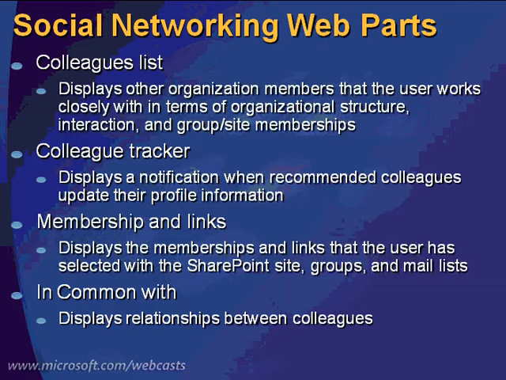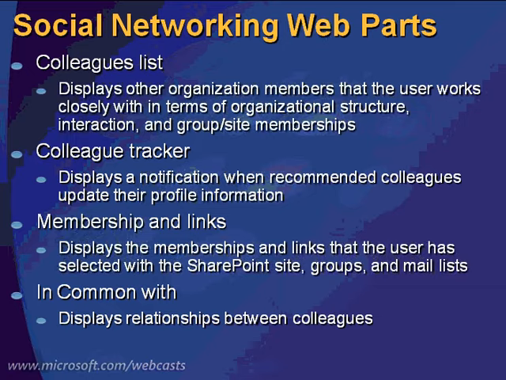Users have the capability to modify and target their colleague tracker web part so that they can present information from their colleagues about maybe personal details like anniversaries or other private information, phone numbers maybe when those get modified. You can also follow when documents get changed or when blog posts get created. And you have the ability to scope how that information is presented to you.